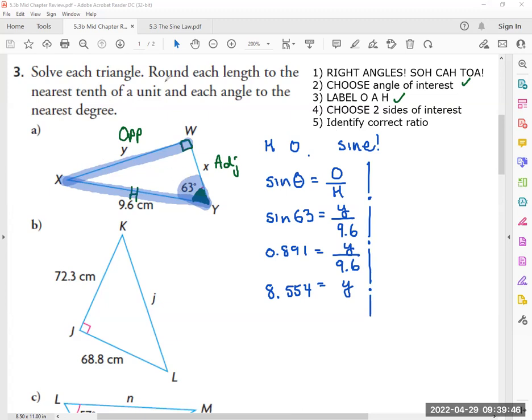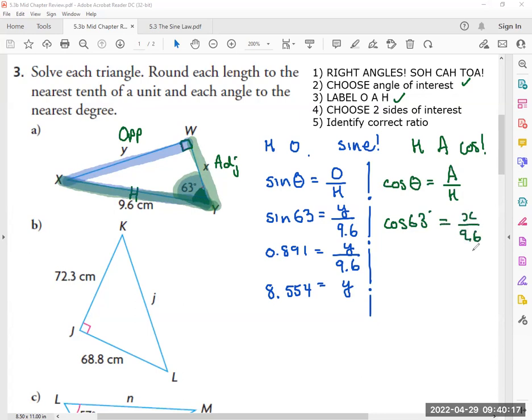Coloring in green. So here's my angle. And I'm still using hypotenuse because I have 9.6. But this time, I need to find adjacent. So hypotenuse and adjacent, what am I using? Cosine. Cosine of an angle is adjacent over hypotenuse. So cosine of 63 is equal to x over 9.6.